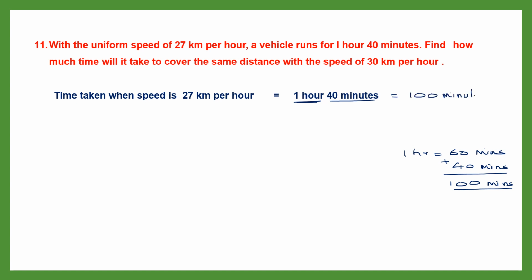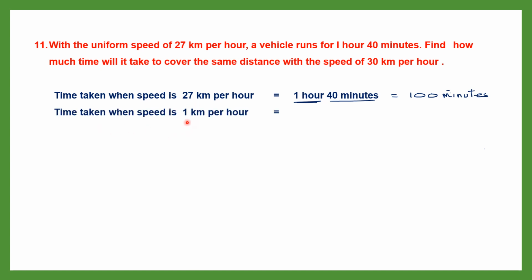So now let's read the statement once more. The time taken when speed is 27 km per hour is 100 minutes. Now, how much time will it take if the speed is increased to 30 kilometers? First, we have to find out the time taken for 1 kilometer per hour instead of 27. Now we're going to write 1.